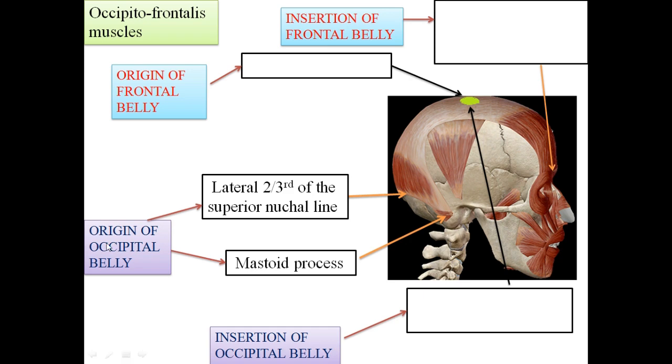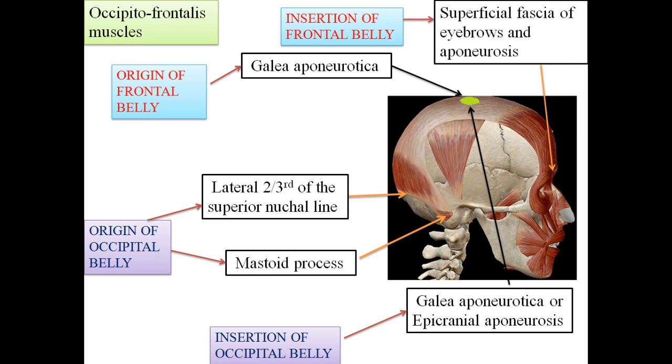The insertion of the occipital belly is the galea aponeurotica, and the origin of the frontal belly arises from the galea aponeurotica. The insertion of the frontal belly is the superficial fascia of the eyebrows and aponeurosis.